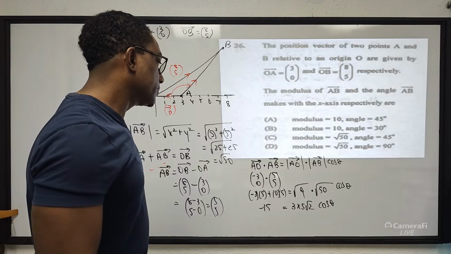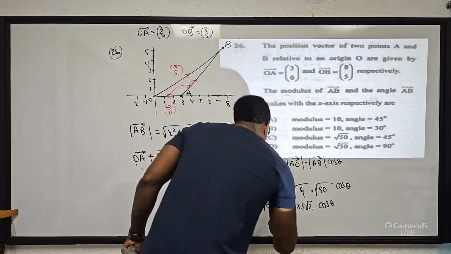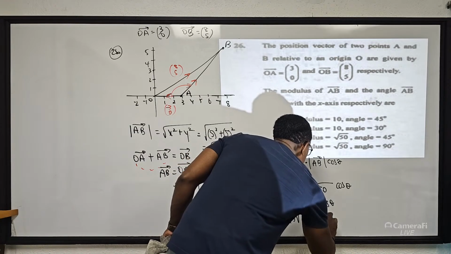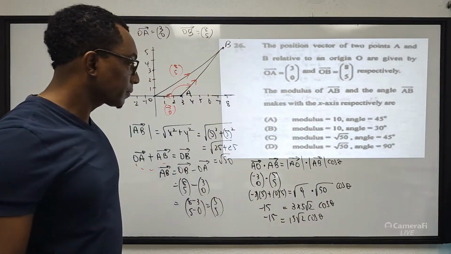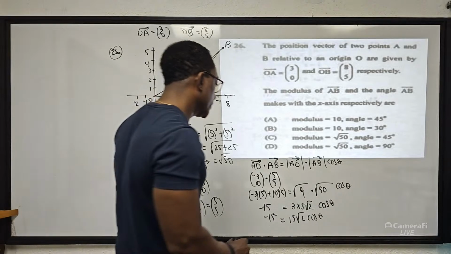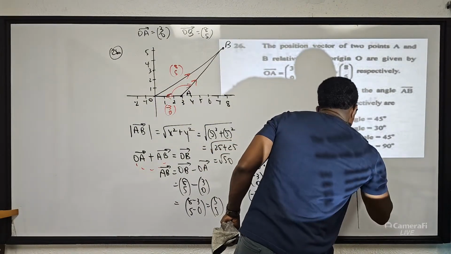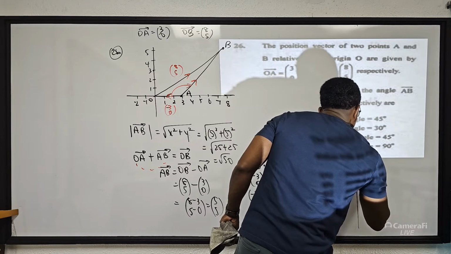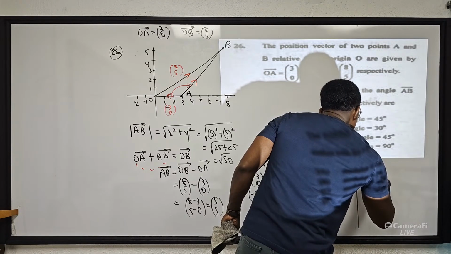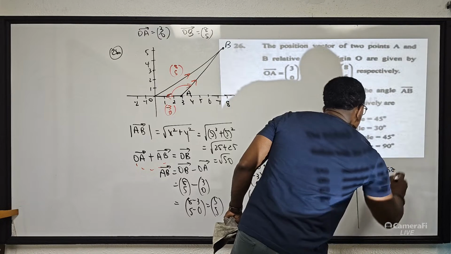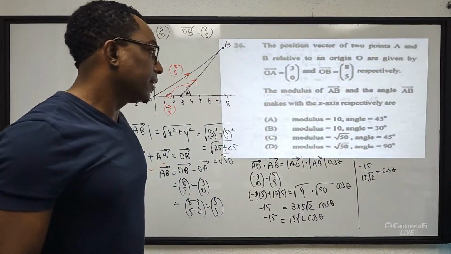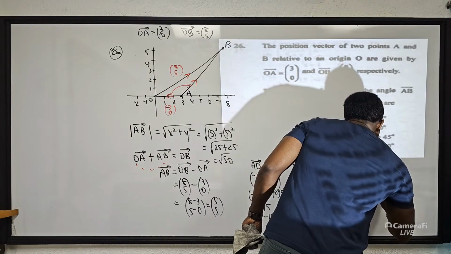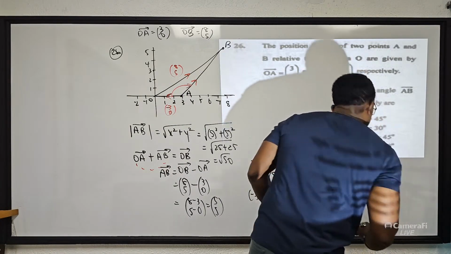So this becomes negative 15 over 15 root 2 is equal to cos theta, and therefore this becomes negative 1 over the square root of 2 is equal to cos theta.